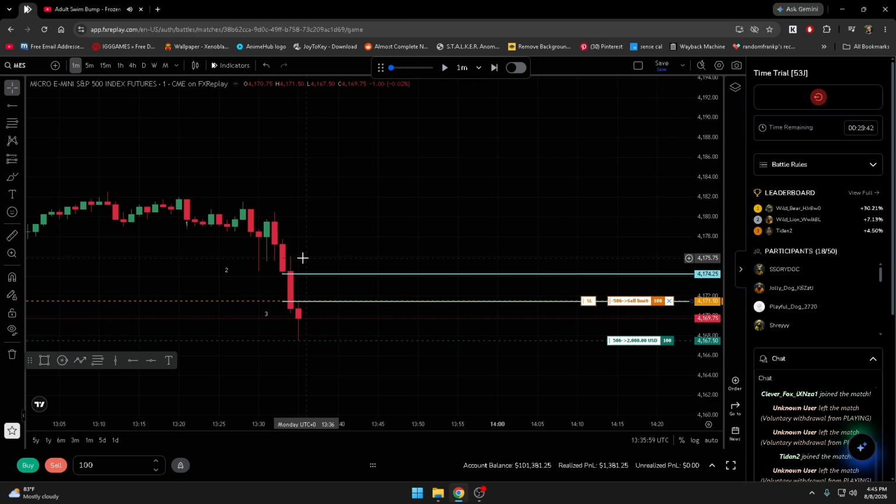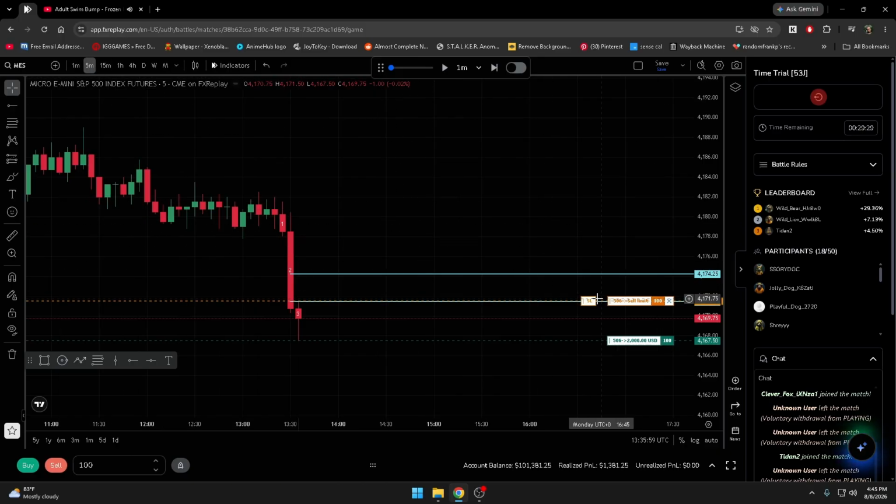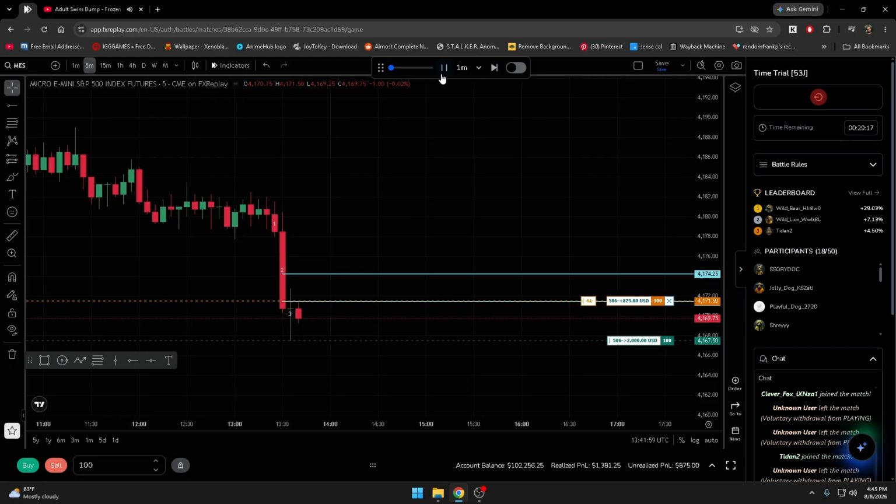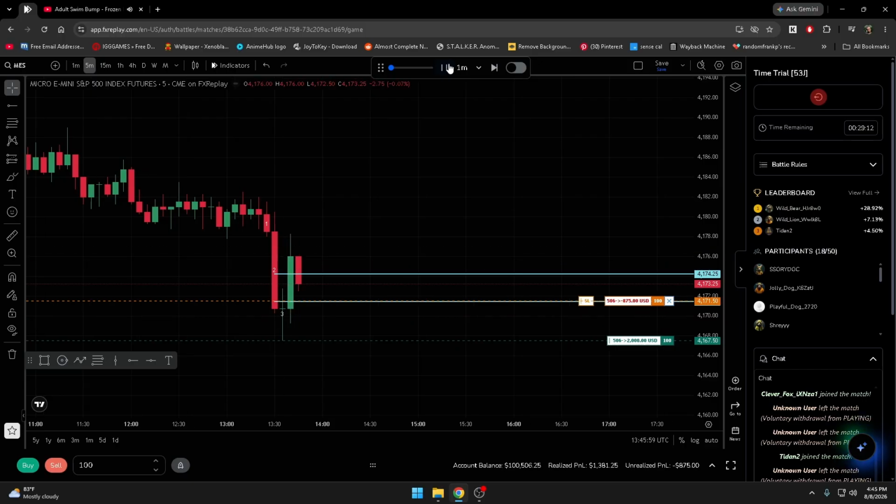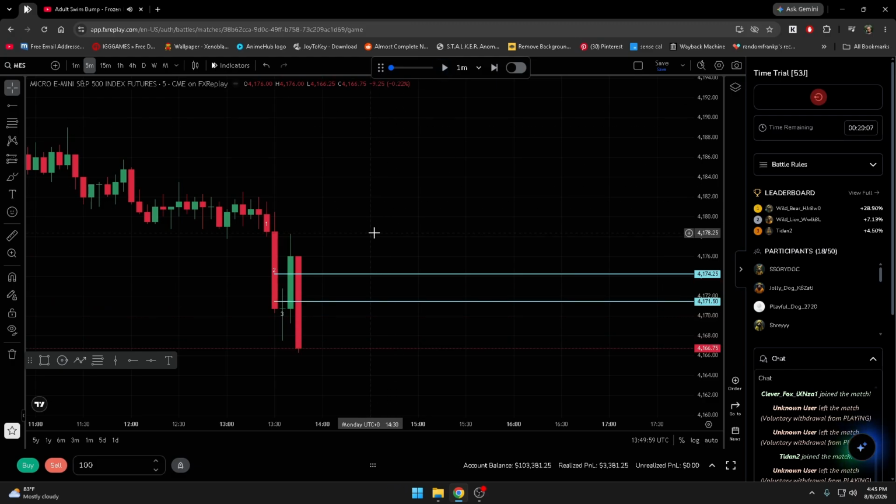But then on the 1 minute, our stop loss will be right here. So that would be $3,125 versus being on the 5 minute and losing $5,000. But let's see what happens. We entry. Look at that.